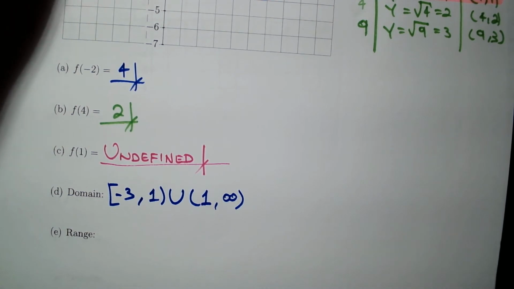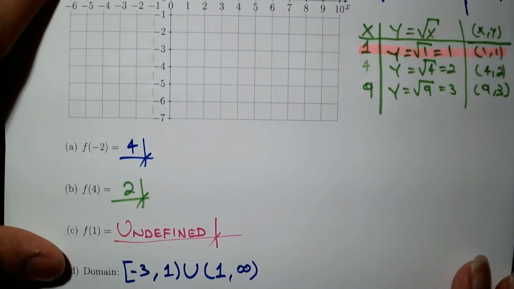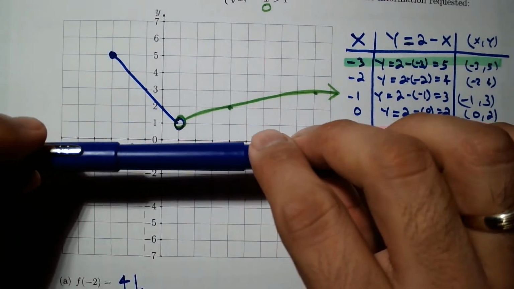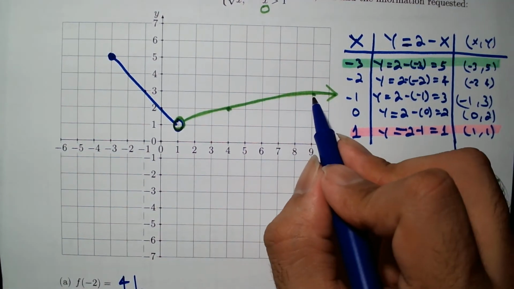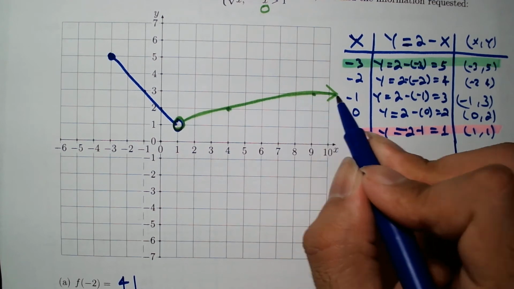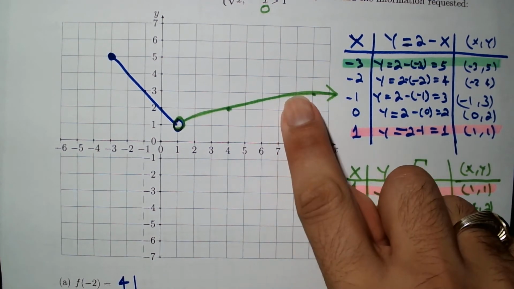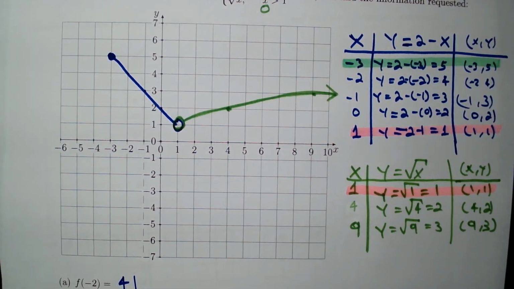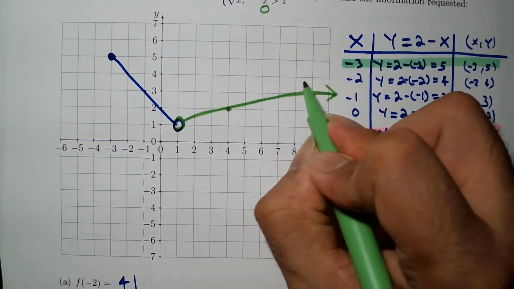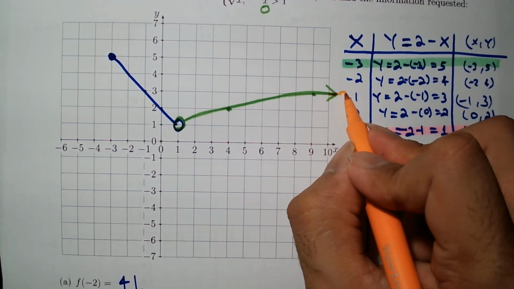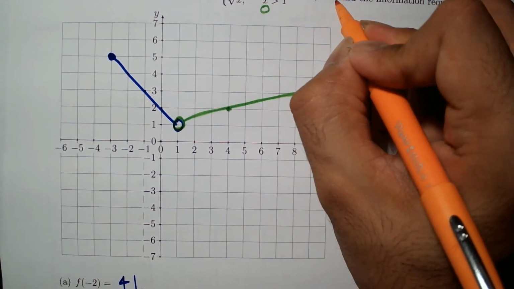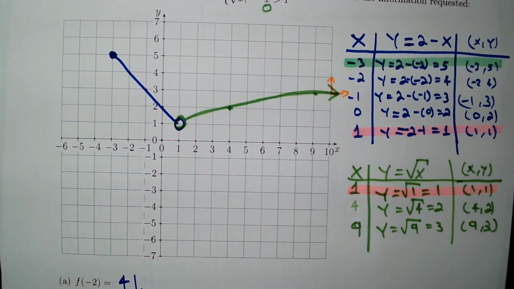What about the range? So for the range, we're going to scan the graph from bottom to top. Alright, in this case it's not really easy to see. I mean, the graph didn't come out perfect, but it's going to increase in both directions. The x direction and the y direction is going to go up forever.